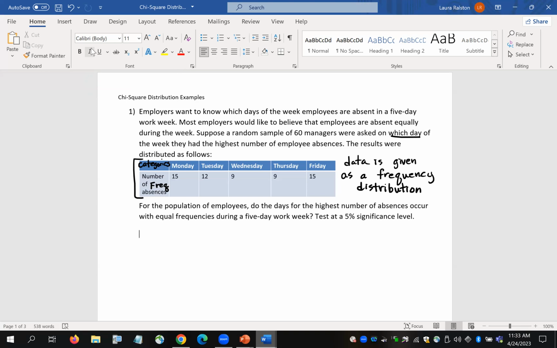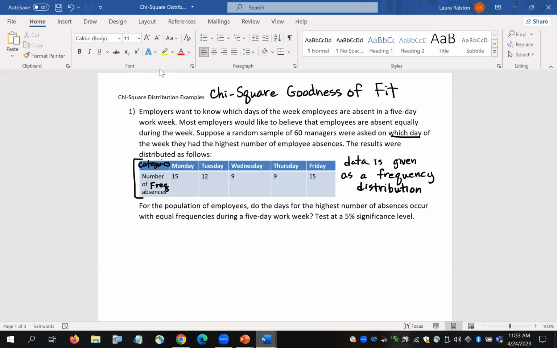In this case, you really only have one category, days of the week. And so again, that's what helps me recognize that this is going to be chi-square goodness of fit.